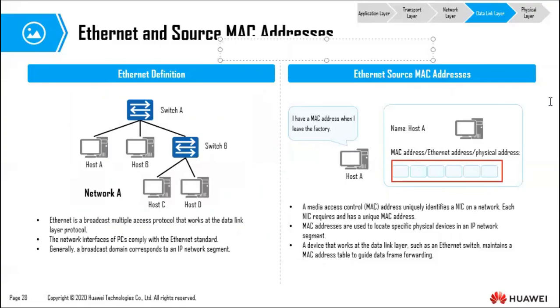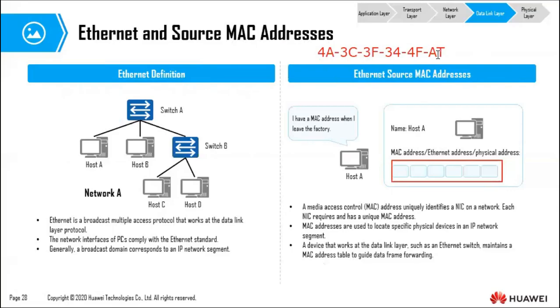So, for example, we might have a MAC address like this: 1, 2, 3, 4, 5, 6. So it looks something like that. Are we together?